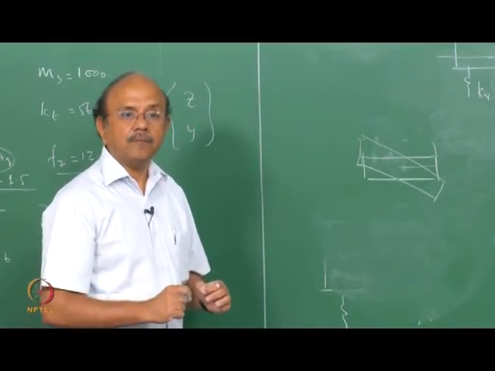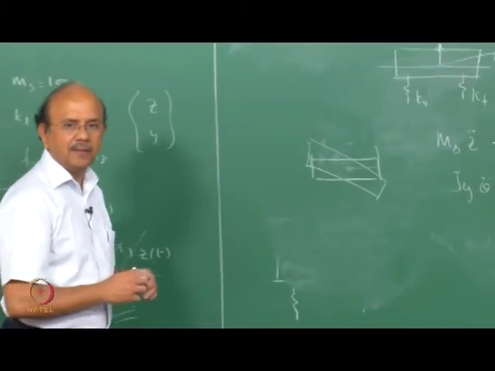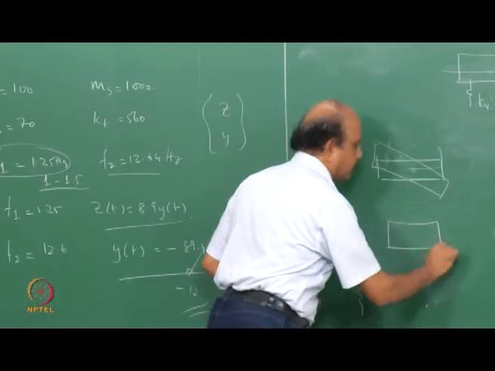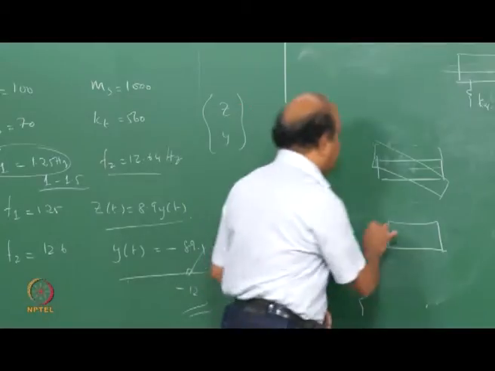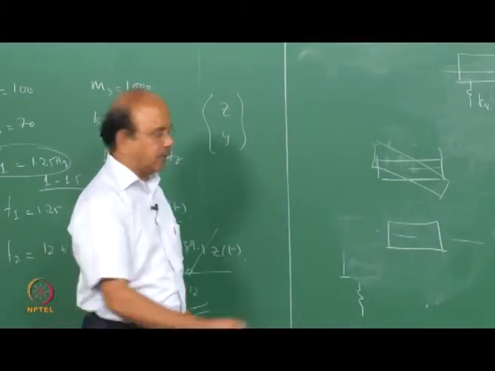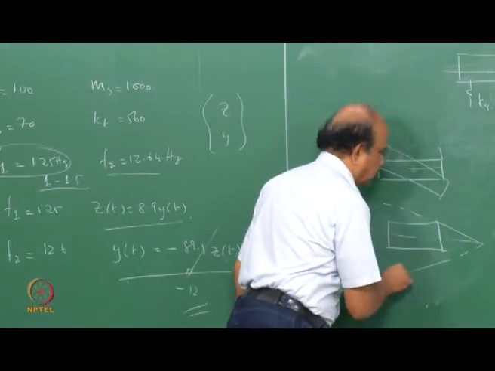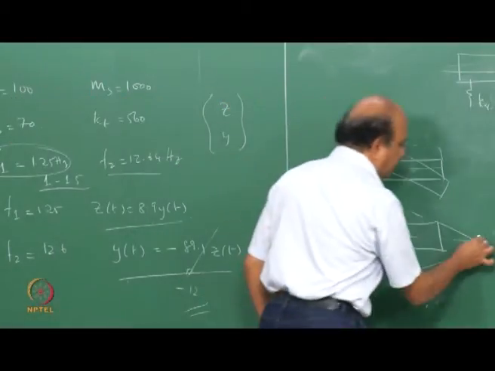On the other hand, when I have both of them coupled, how would it vibrate? I have Ms. It would vibrate in two modes, omega 1 and omega 2. In one case it will vibrate like this, with respect to a particular point.